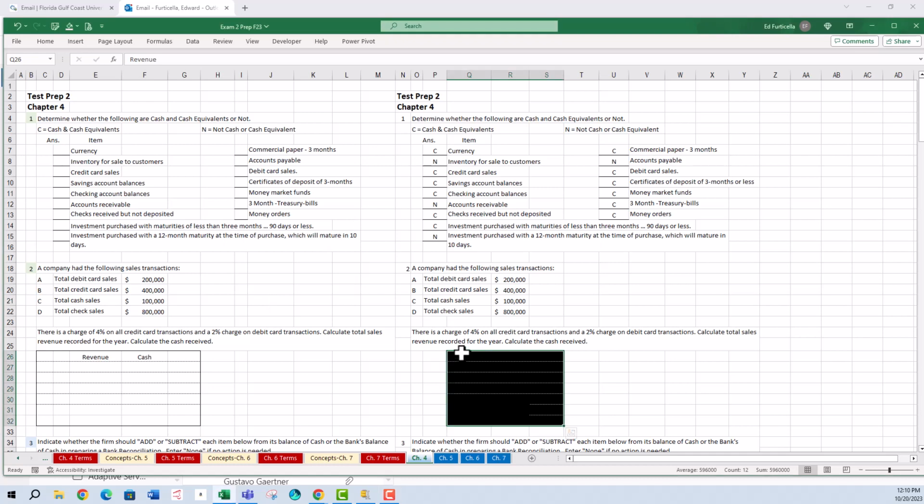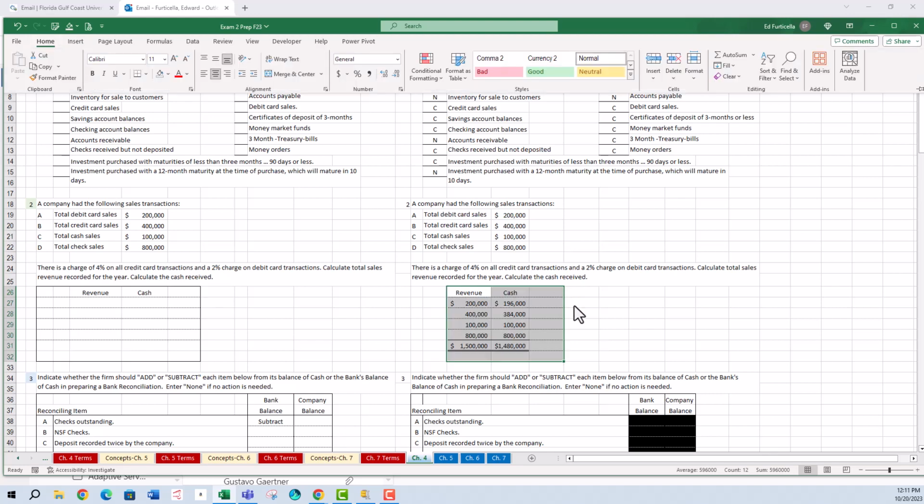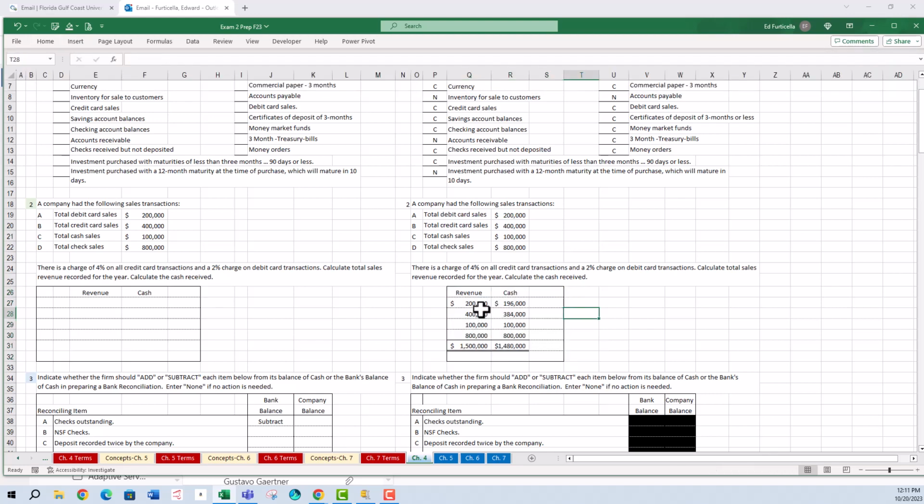So again, you solve the problem, unshade it, and notice that the revenue earned was $1,500,000. The actual cash received was $1,480,000.